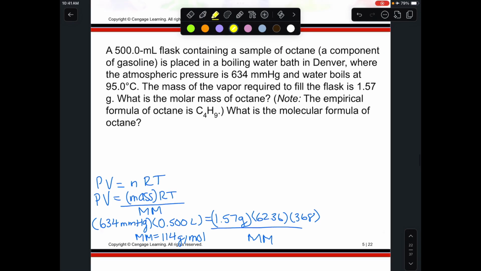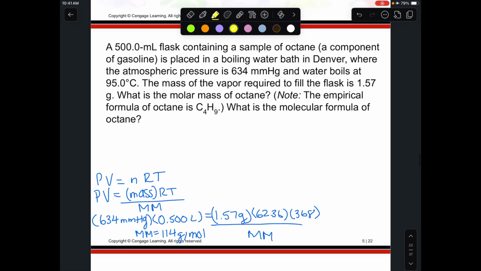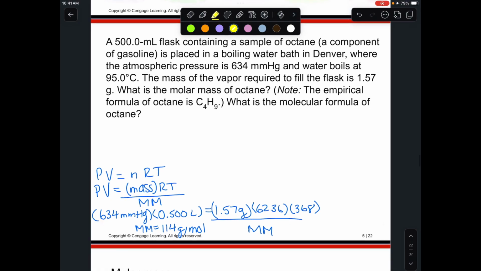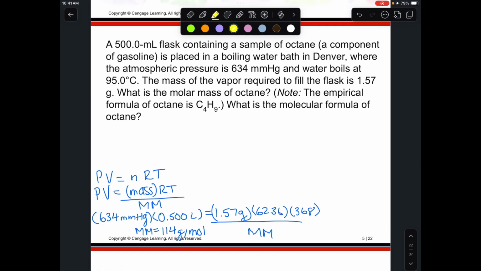All right, let's go ahead and do one more problem here to continue on and throw together some empirical and molecular formulas with gases. And so we have a 500 milliliter flask, and I'd like to go ahead and write my variables. So that is going to be a volume containing a sample of octane, and we are placing it in a boiling water bath in Denver, which has a much lower pressure, so this is a pressure value, and the water boils at 95 degrees Celsius.